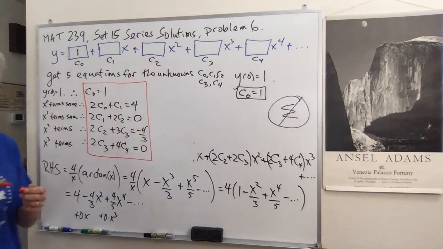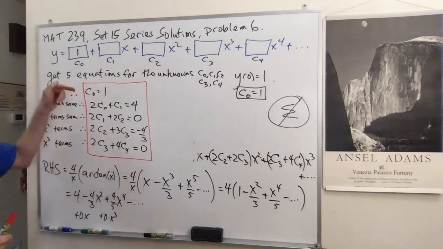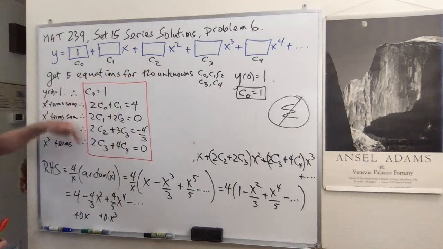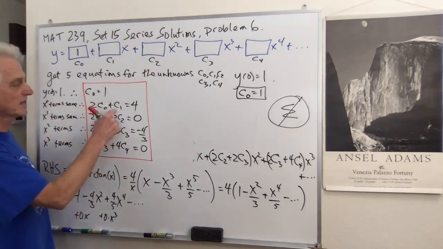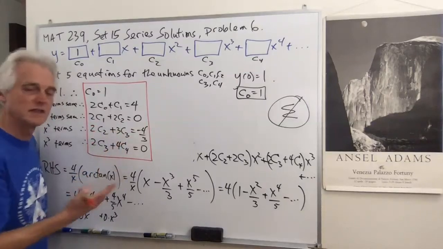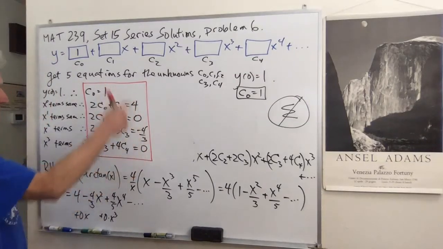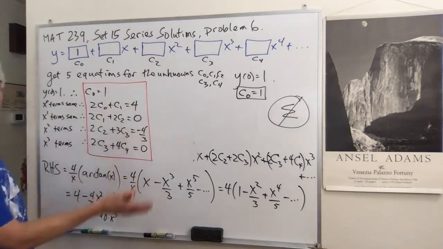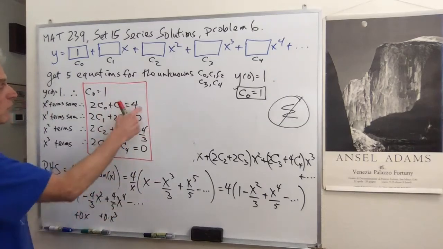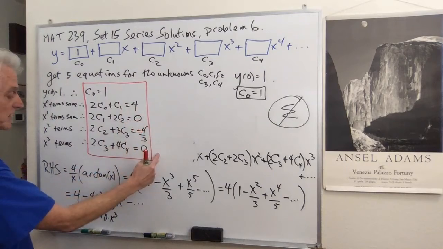And like we had before, it's a good idea to write them all out and just make sure they follow a nice pattern, right? I have all these 2's, 2C0, 2C1, 2C2, 2C3. And then this has 1 times C1, 2 times C2, 3 times C3, 4 times C4, etc. And then these are the coefficients for the power series of the right-hand side. 4 plus 0 times x minus 4/3 x squared plus 0 times x cubed.